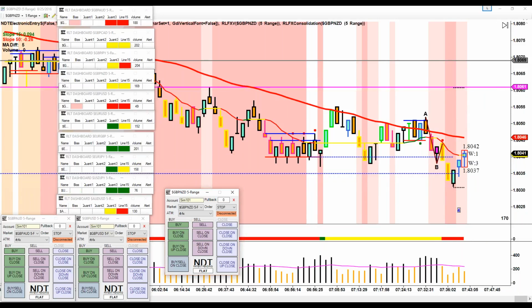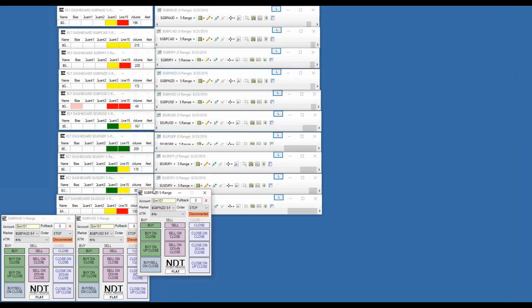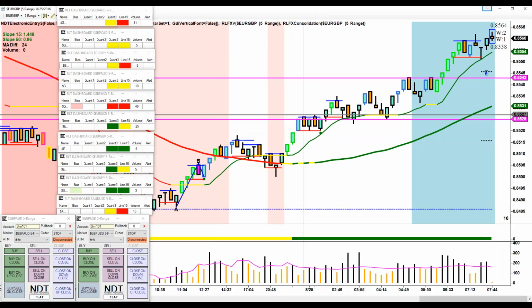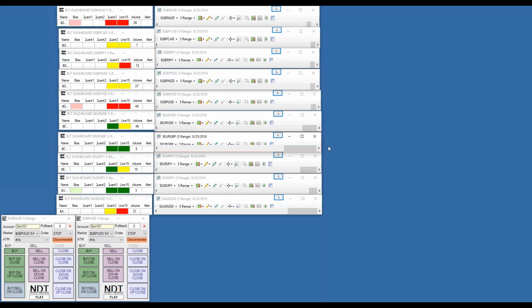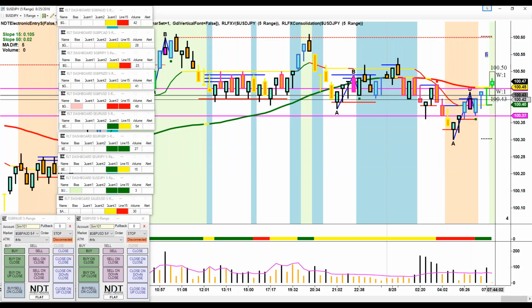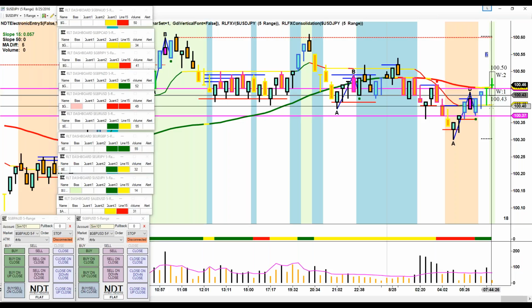No follow through. Overbought. We won't get a long signal here because the 15 is below the 50.